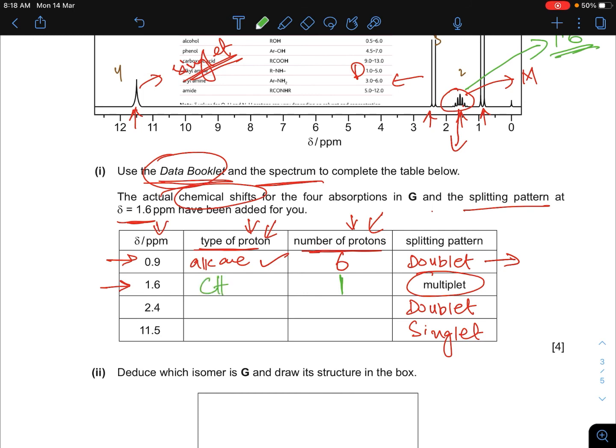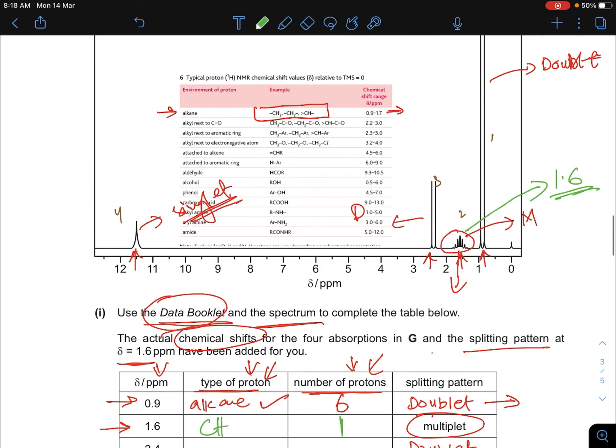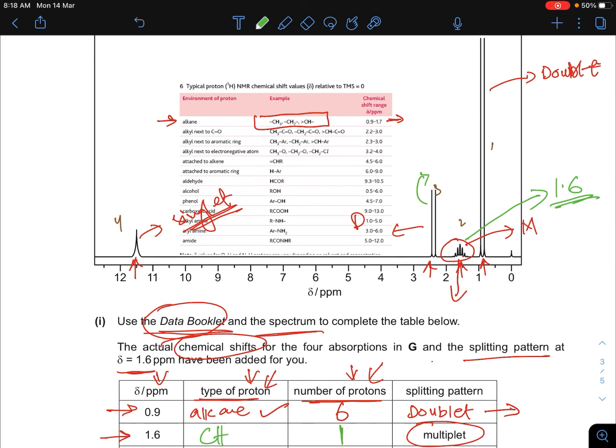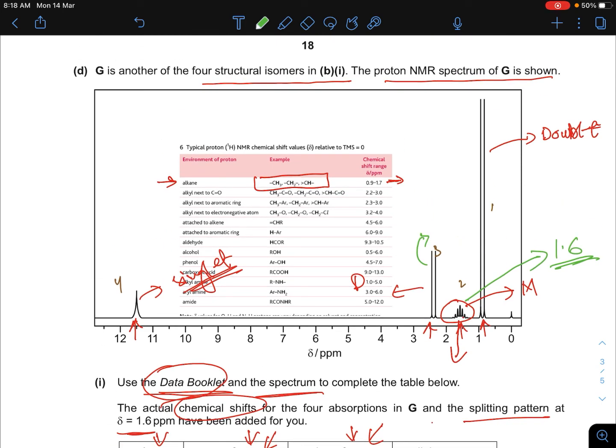Okay. Now the next peak is at 2.4. So at 2.4 again we have a doublet. If you look at these two peaks, the peak at 2.4 and the peak at 0.9, and compare the peak height ratio, the peak at 0.9 is 3 times that of the peak at 2.4.